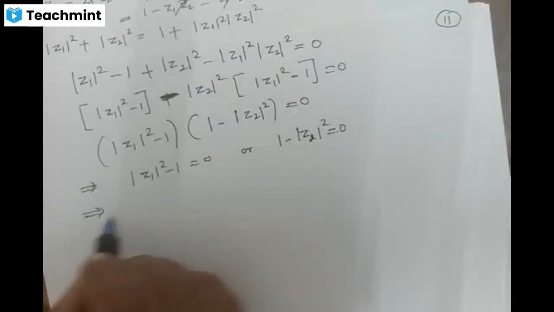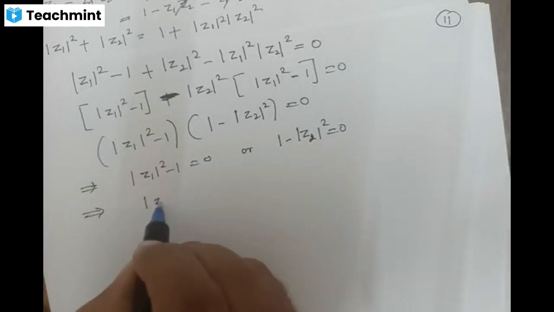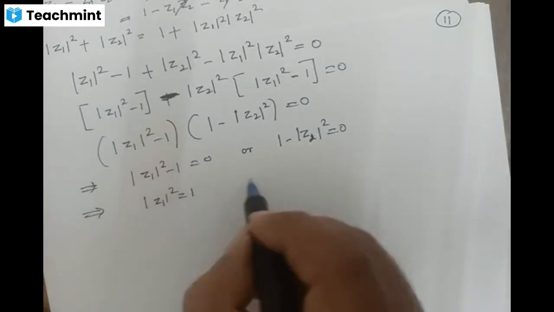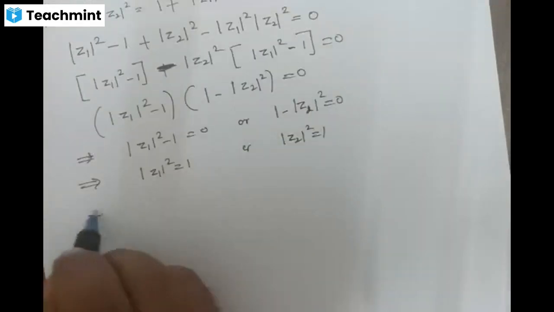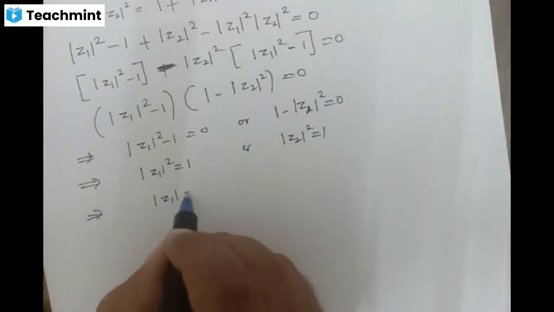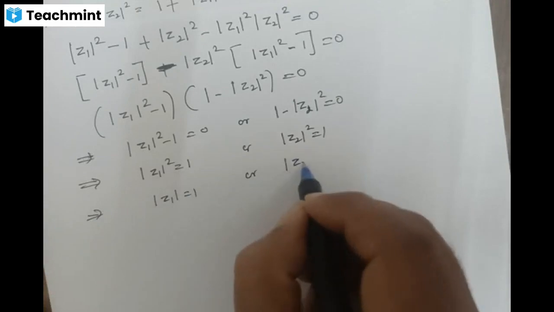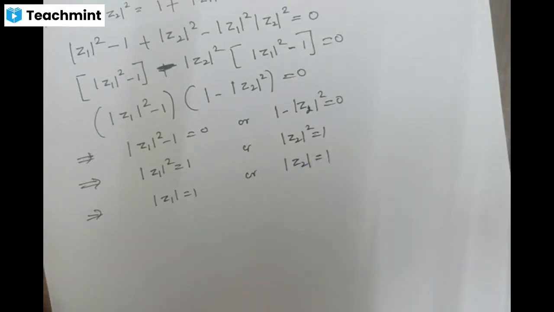So mod z1 whole square equals 1 or mod z2 whole square equals 1, so mod z1 equals 1 or mod z2 equals 1. So that is the proof.